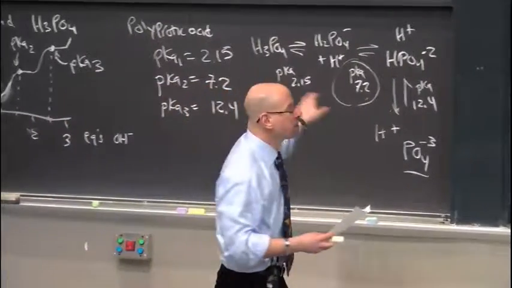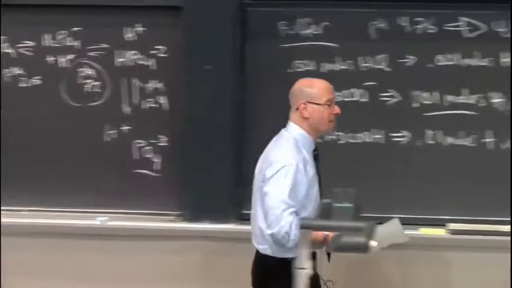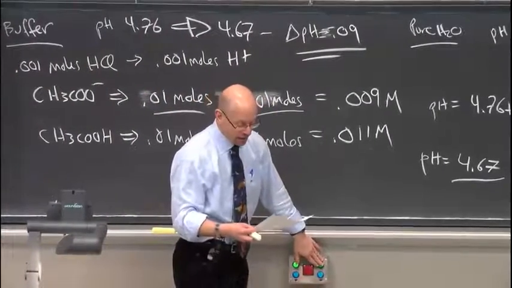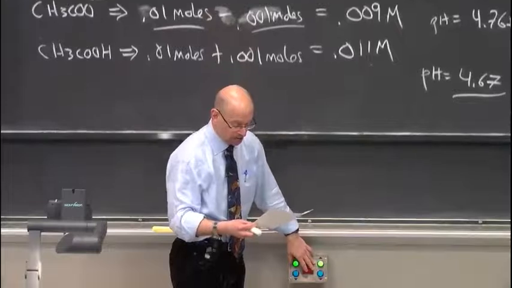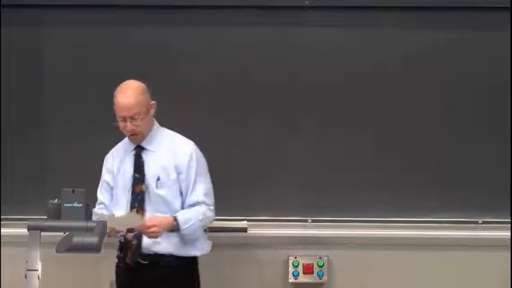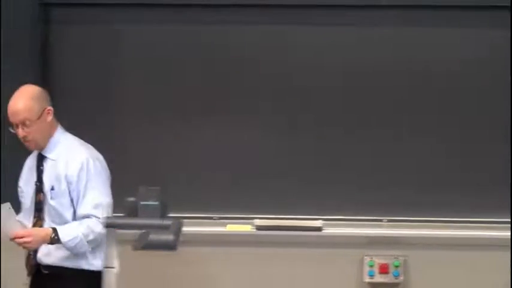Now, other than phosphate, though, there are not that many molecules that have a really good pKa in the range of 6 to 8, which is frequently where we, as biochemists, want to work.